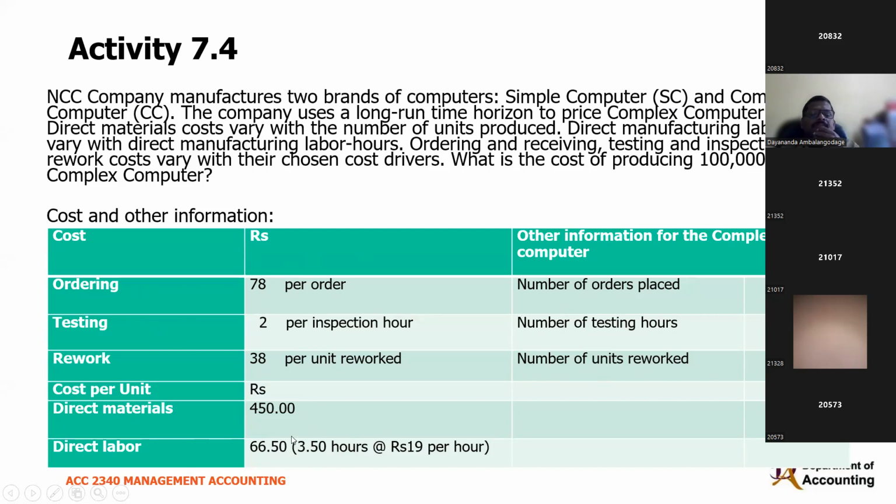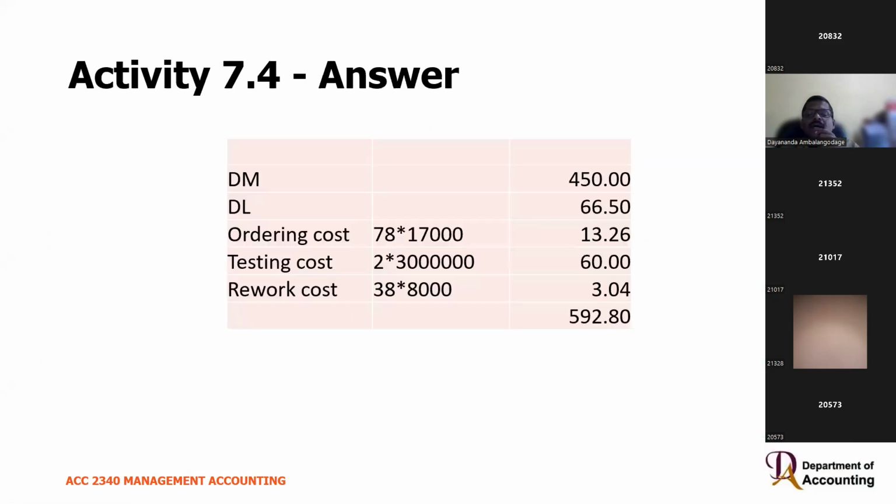So thereby you can calculate the cost. Cost is something like this: DM 450, direct labor 60, ordering cost per unit would be, target costing per unit would be, and the rework would be so much.